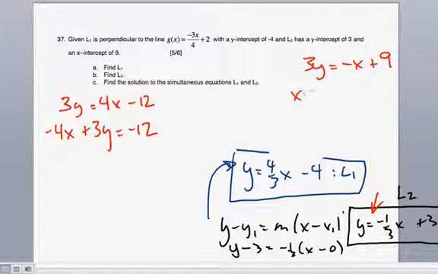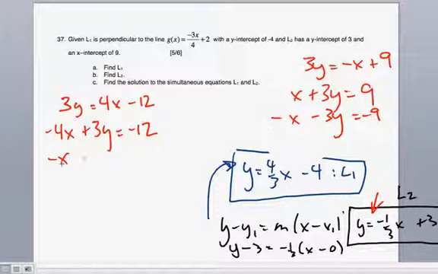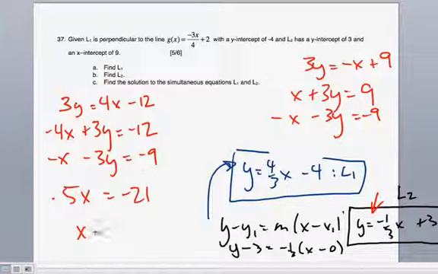And so x plus 3y is equal to 9. I notice 3y, I'm going to multiply by negative. Okay, I'm going to put this below here. So here is the equation negative x minus 3y is equal to negative 9. Add them up, negative 5x is equal to negative 21. So x equals 21 over 5.